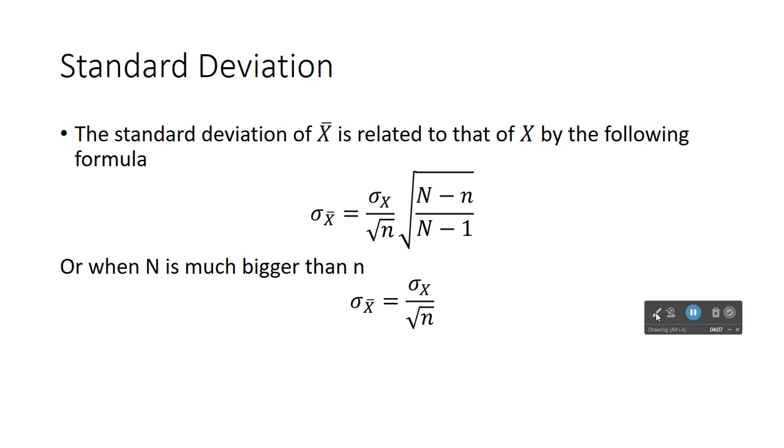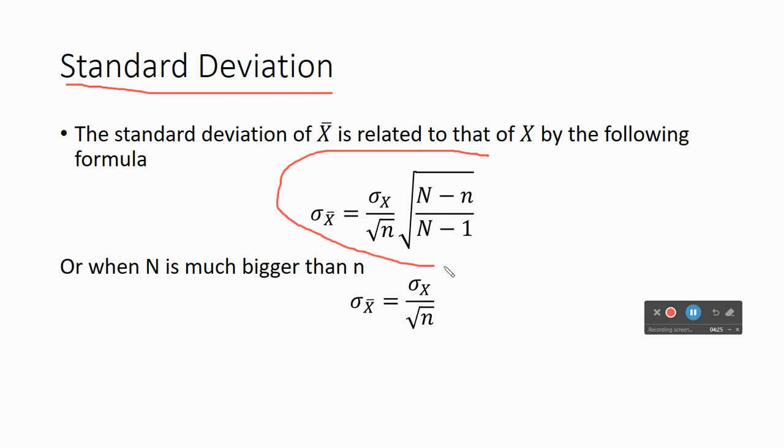Now the standard deviation is also related, and I'm going to give you two ways that it's related. We're only going to use one of them, but I think you need to know the truth.